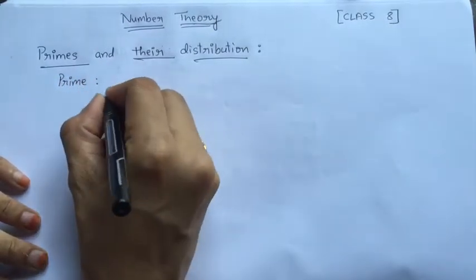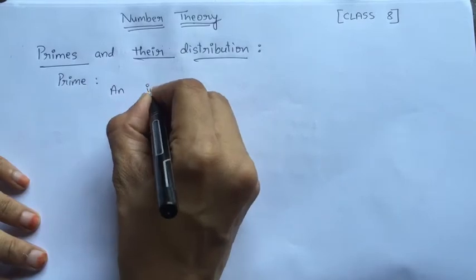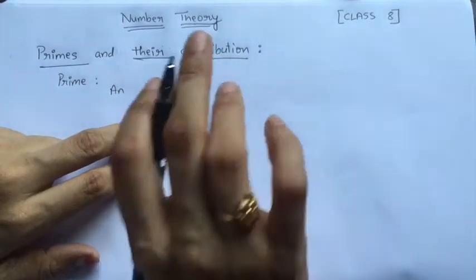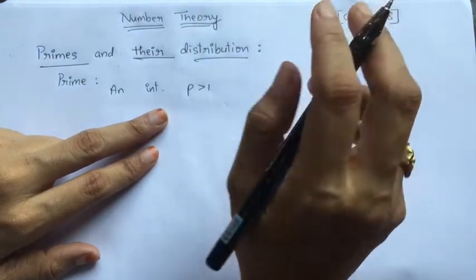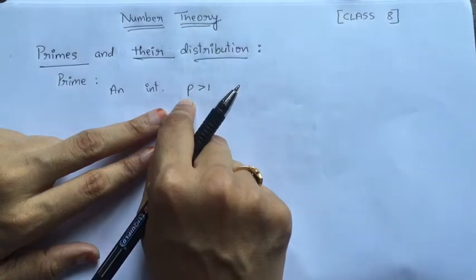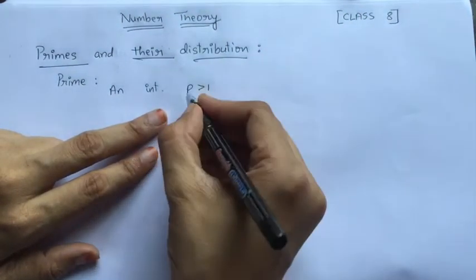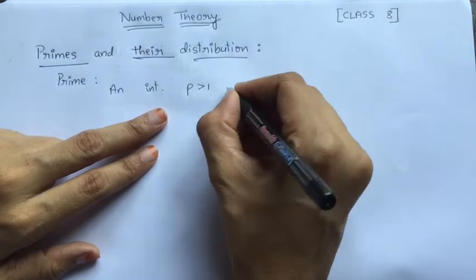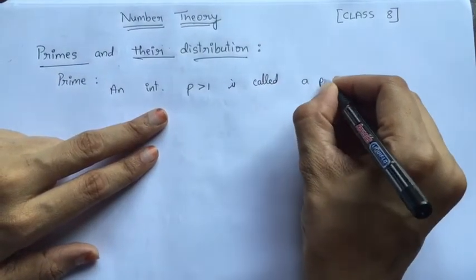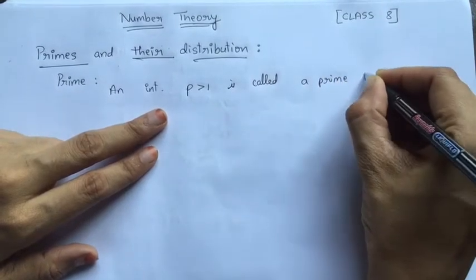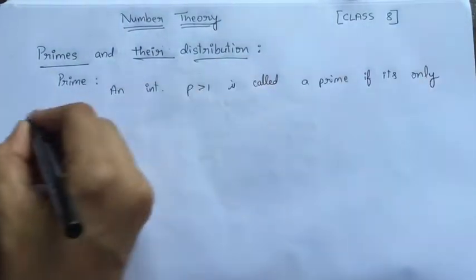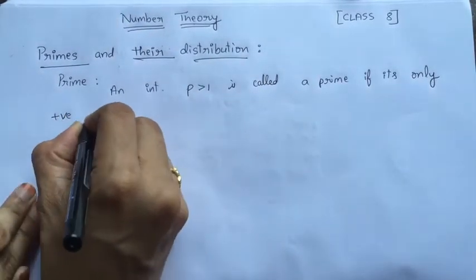An integer p greater than 1 is called a prime number, or simply prime, if its only positive divisors are 1 and p.